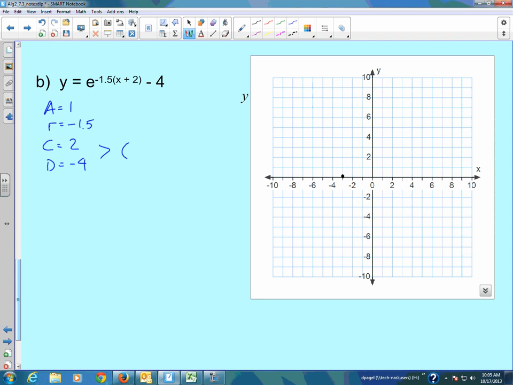From these two, remember, the opposite of c and d becomes our starting point. So our imaginary start point is now -2, -4. We're starting down here, and all of my movements will come from that spot.